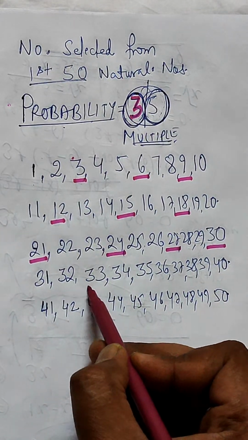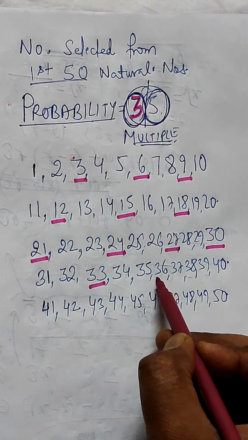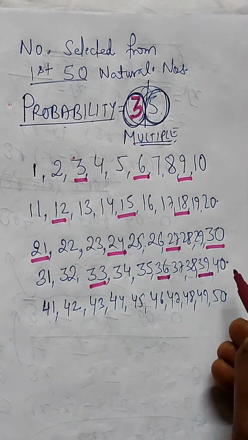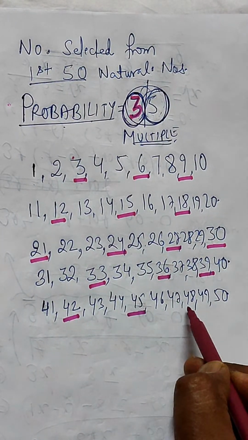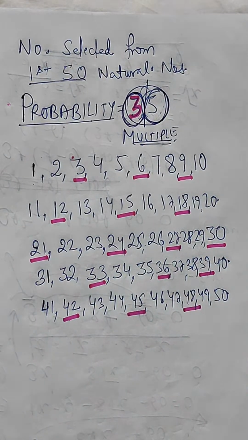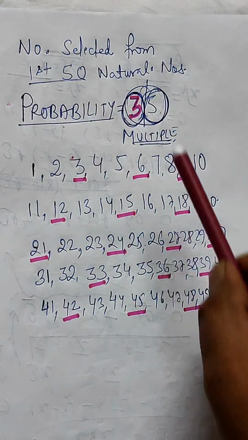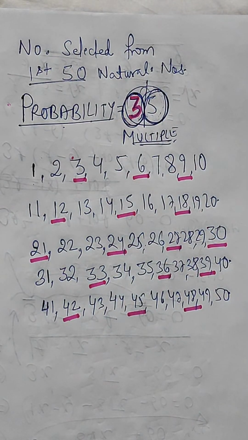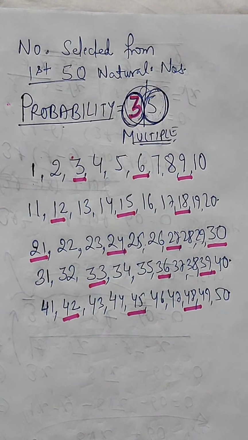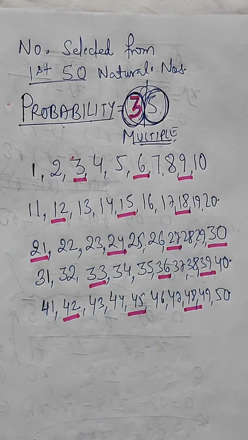After that 33, then 36, then 39, 42, 45, 48. So all these are multiples of 3, right?